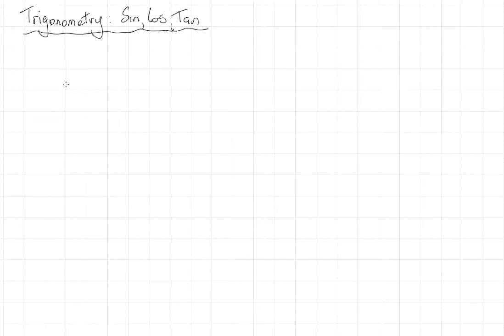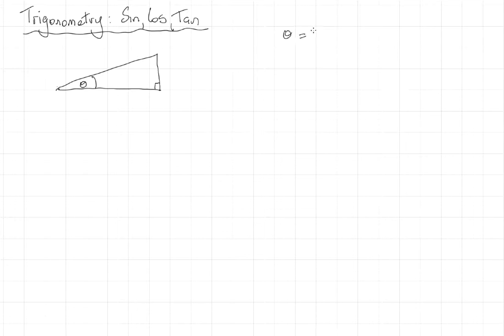If we look at a right angle triangle, and put our right angle there, in trigonometry, or even in geometry, it's common to use Greek letters.